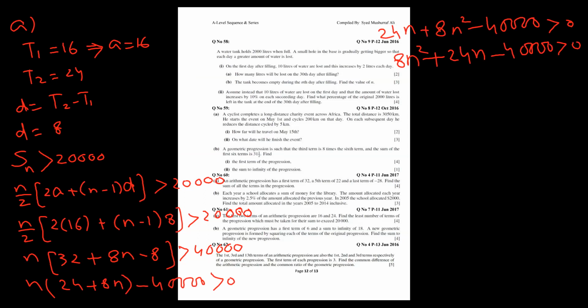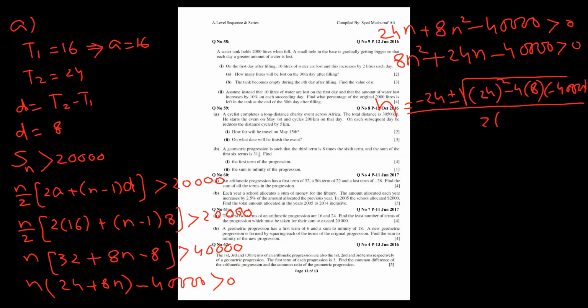I can apply the quadratic formula and get the answers. So I have two answers I'm getting. Let me check first: minus b plus and minus square root of b squared minus 4ac, by 2a.